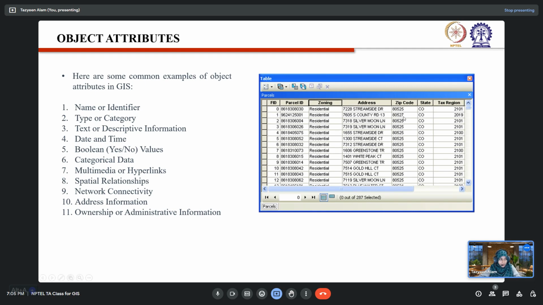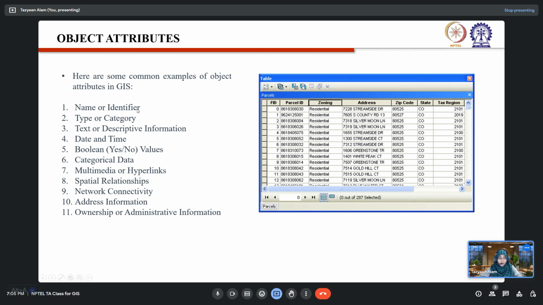They also have mentioned the zip codes of the region, where different houses are being surveyed. Then they have also mentioned the state and the tax region, which region their taxes go to. So this is a very detailed attribute table. It can be more detailed or it can have less information as well.